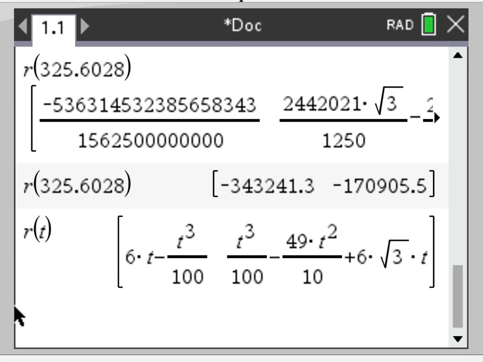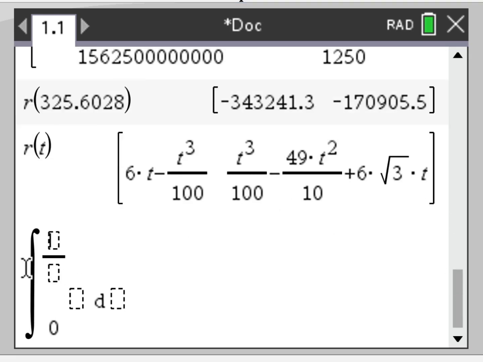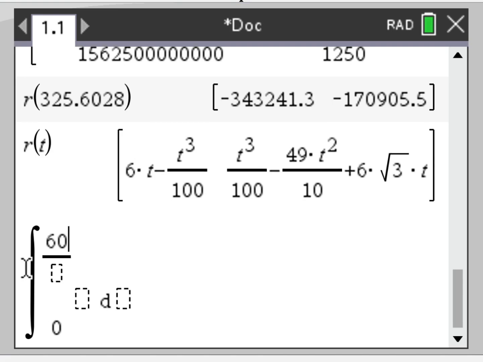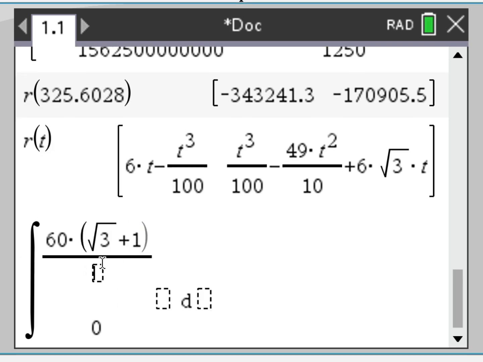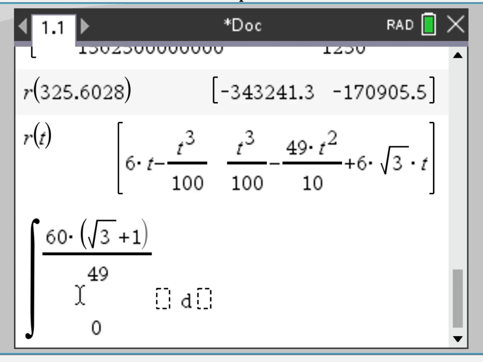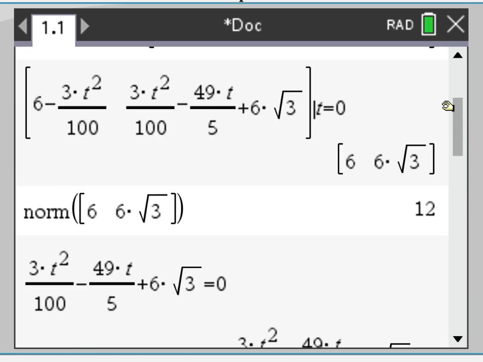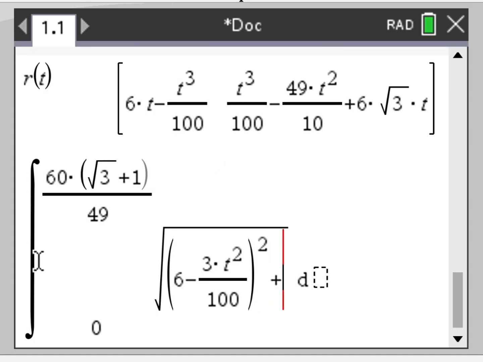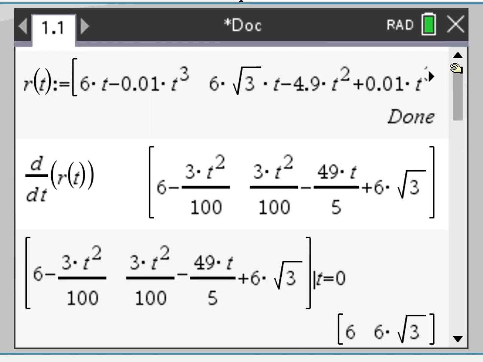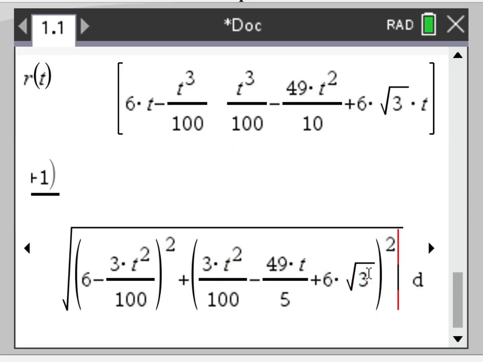So we're saying the integral from 0 to 60 times root 3 plus 1, divided by 49, of the square root of this x component over here, squared, and then the y component, which was over here, all squared, dt.